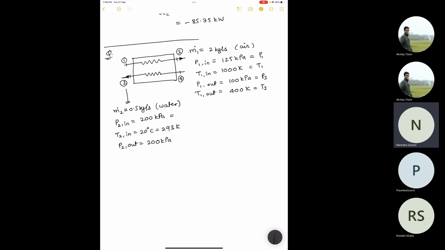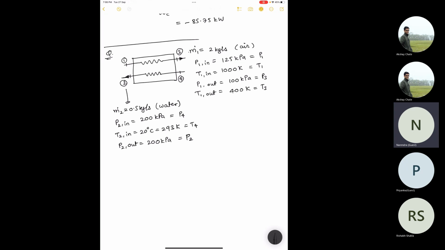Here the inlet is P4, T4, and the outlet is P2, T2. Sorry for the confusion about the symbols, but I have given them as 1, 2, 3, 4. You can do it your own way, it doesn't matter.